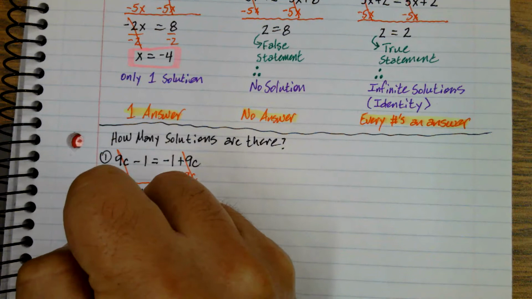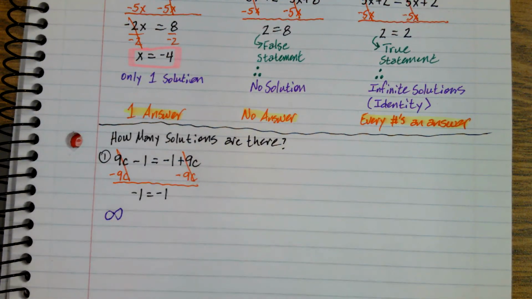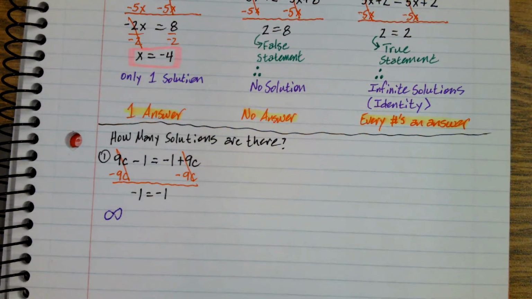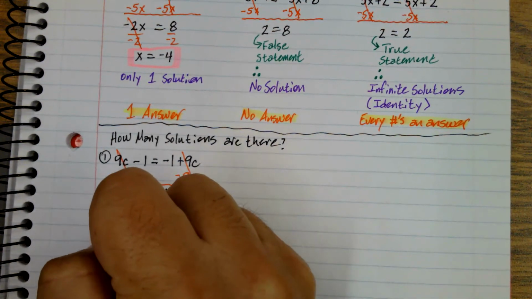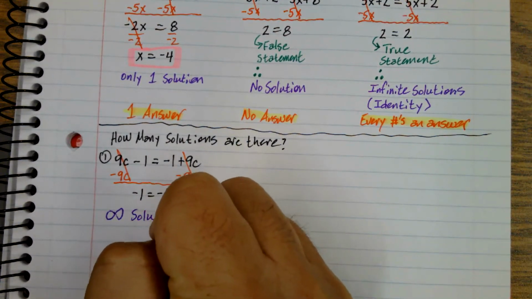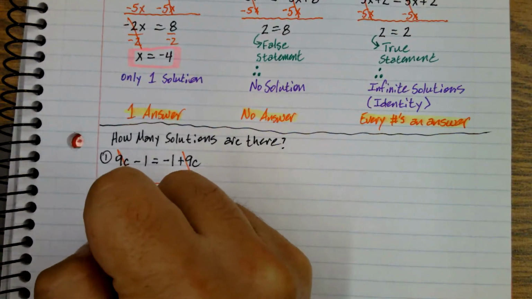And the symbol for infinity is the lazy 8. Did you guys know this already? That's a symbol for infinity. Okay, let me just point out that this means infinite.